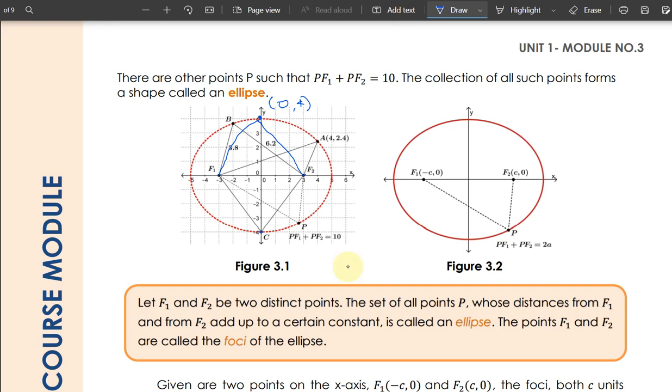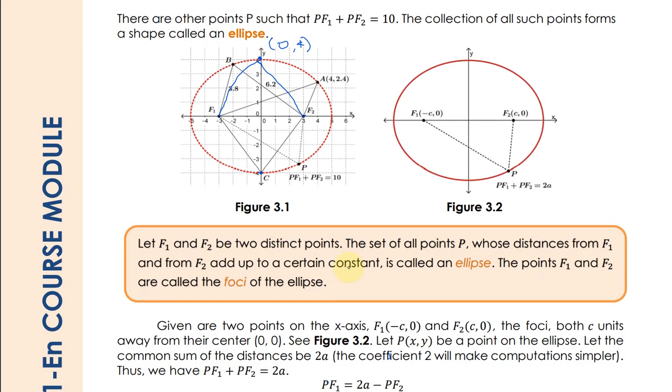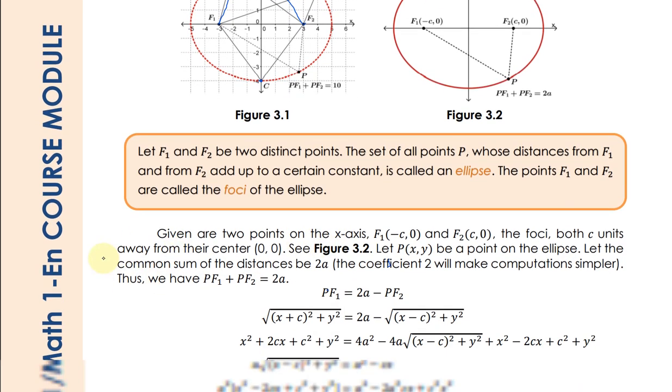And the points F1 and F2 are called the foci of the ellipse. The singular is focus, and there are two of them, so the plural of focus is foci. Like cactus and cacti.